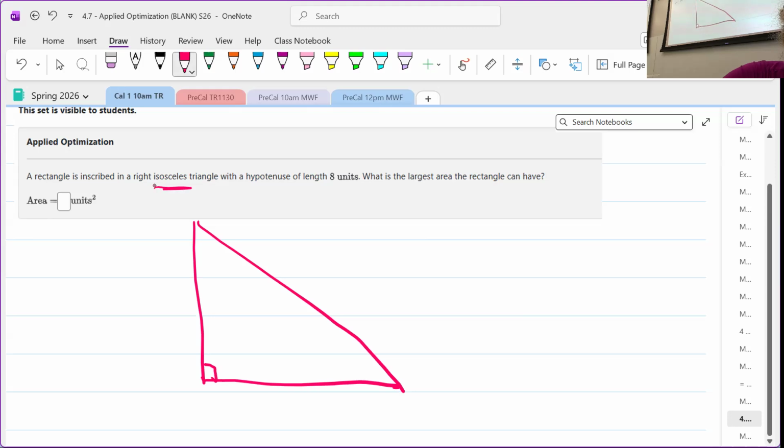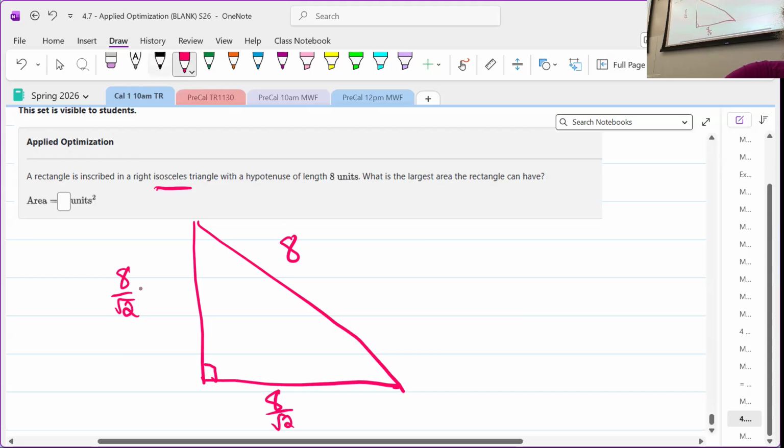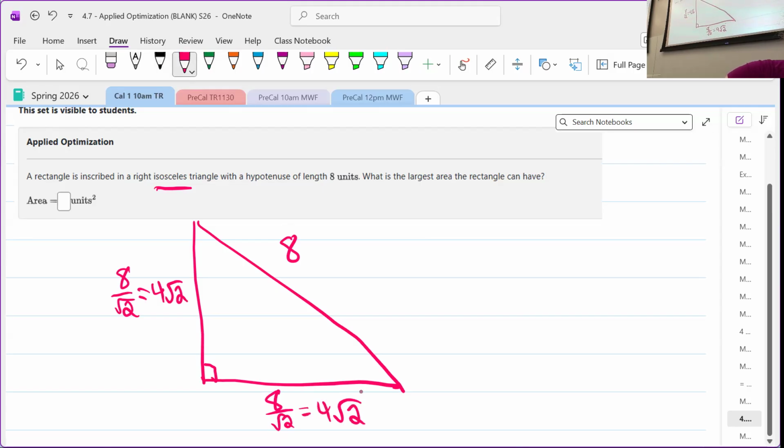So isosceles means the two legs are the same. And my hypotenuse is 8. So this actually means that the two sides are 8 over the square root of 2, which when we rationalize becomes 4 square roots of 2. That's the dimensions for the triangle.